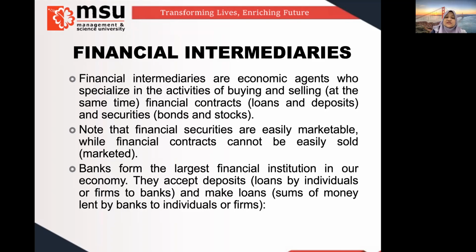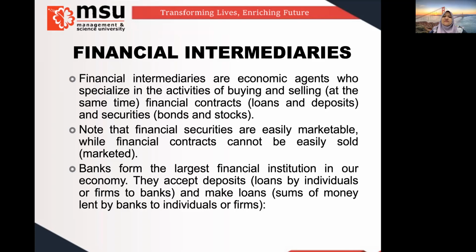They are financial institutions that allow all financial transactions to be done. Financial intermediaries are economic agents who specialize in the activities of buying and selling financial contracts, for example loans, deposits, savings accounts, and all those debts. So these are the financial intermediaries.